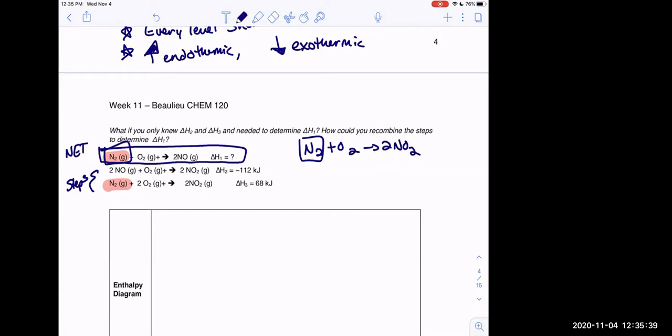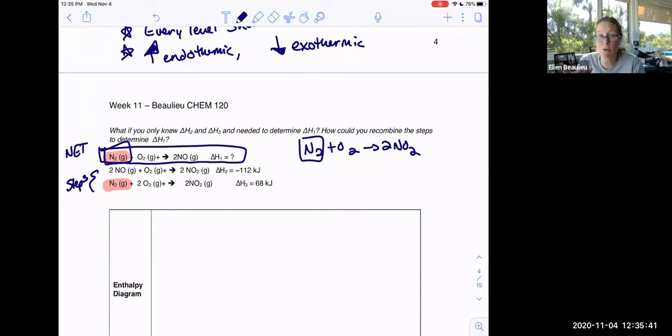But now I need to get rid of that NO2. Well, in this reaction, it's a product, as it was in this reaction. If I want to get rid of the NO2, then I have to flip this process. I have to turn it around. So I'm going to say 2 NO2s yield 2 NOs plus O2.